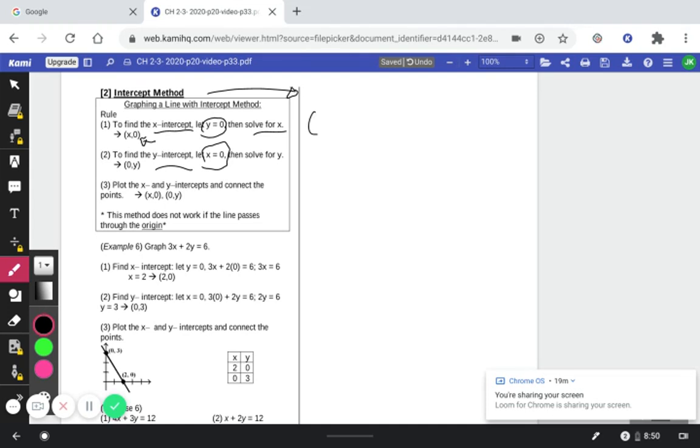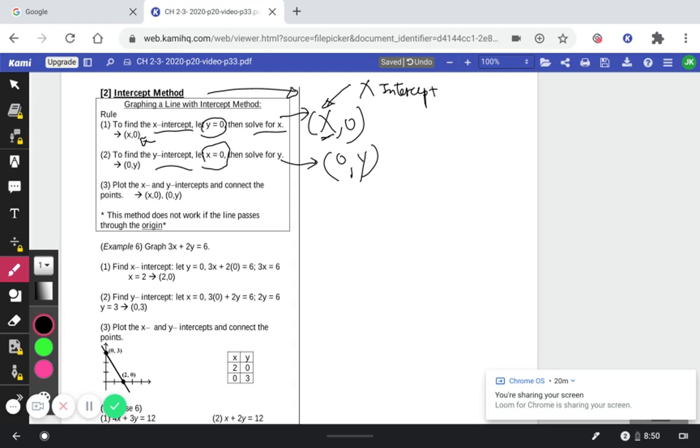So the x-intercept is always (x value, 0). The y-intercept point is always (0, y). To find the x-intercept, you have to have a number for x.